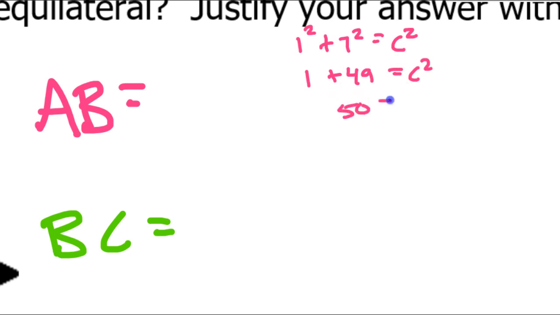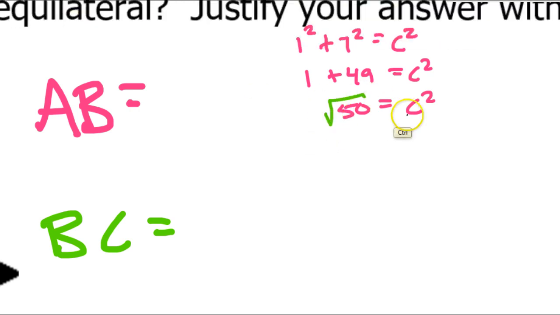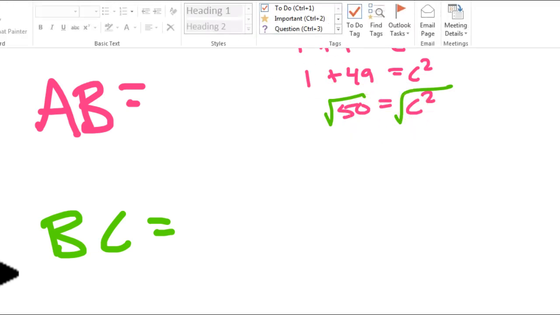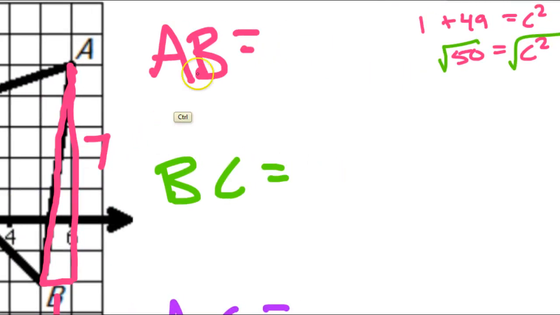So that's 50. All right, so to get c by itself, I need to actually take the square root of both sides. So that tells me that c is the square root of 50. All right, in other words, the length of side AB is the square root of 50.